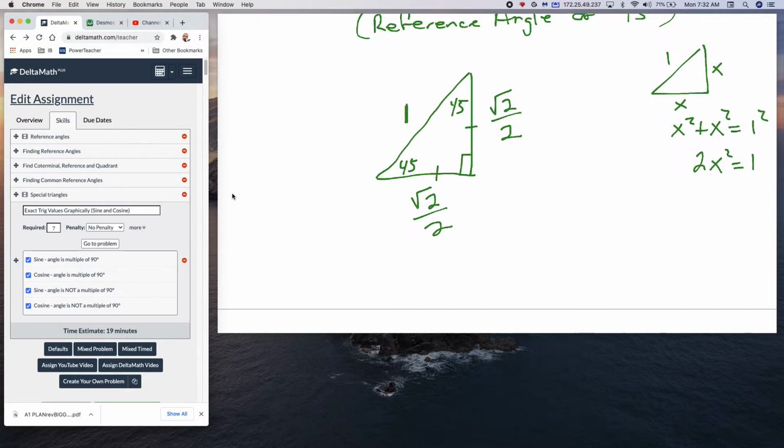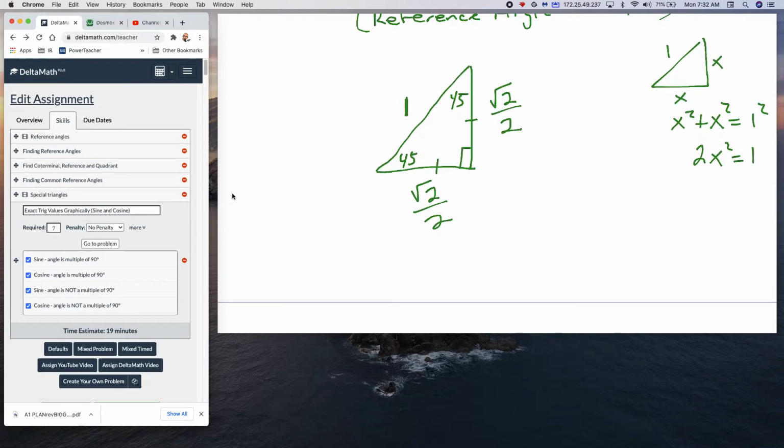If you think about what this looks like, say we take the sine of 45 degrees. That would be the opposite side divided by the hypotenuse. Notice the hypotenuse is 1.